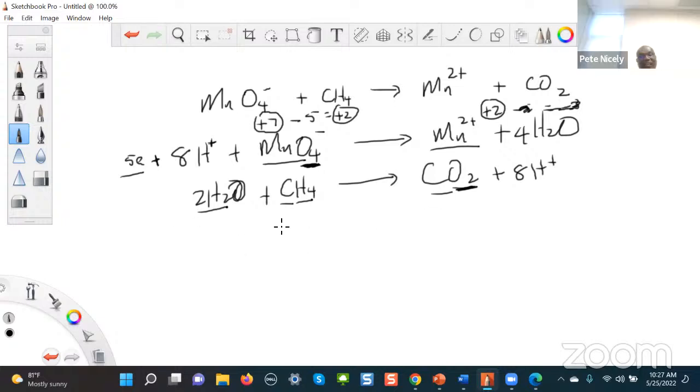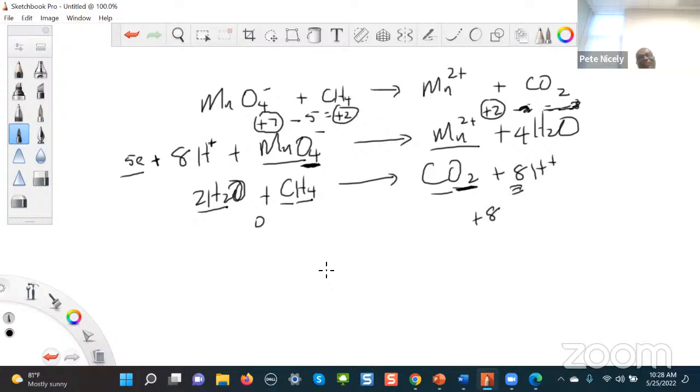What's the total number of charges on the left here? 0. 0, exactly. What's the total number of charges here on the right? 1. Huh? Hint, hint. Oh, no, 8, my bad. I'm sorry. Plus 8, all right?